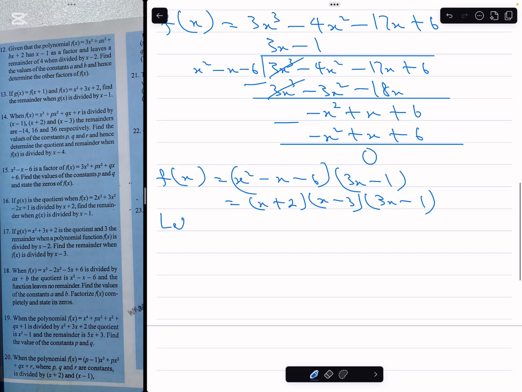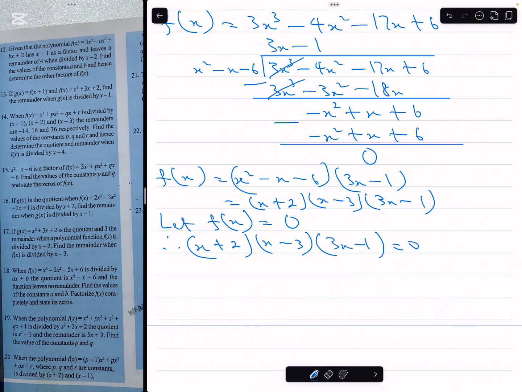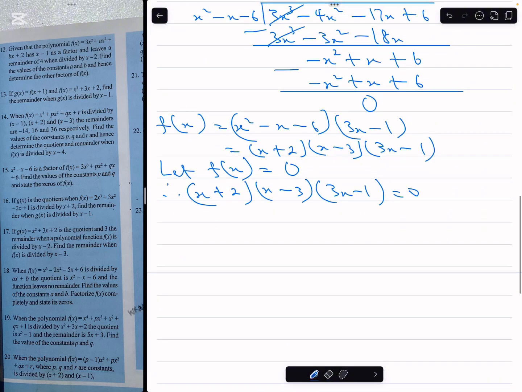So now I can say, to get the zeros of f of x, factorize f of x completely first, and now equate it to 0. Let f of x be equal to 0. That therefore means x plus 2 times x minus 3 times 3x minus 1 equals 0, which means x plus 2 equals 0, or x minus 3 equals 0, or 3x minus 1 equals 0.